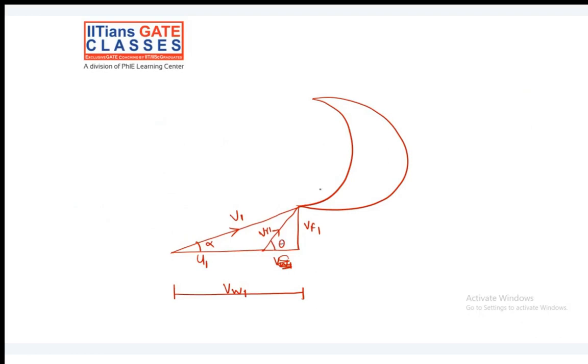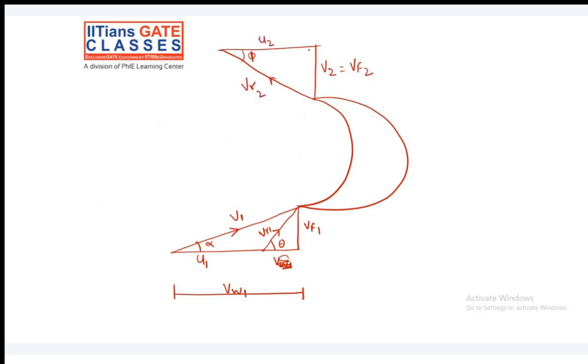And now at the outlet we will be having only phi, and this is v2, which is equal to vf2, this is vr2, and this is u2.